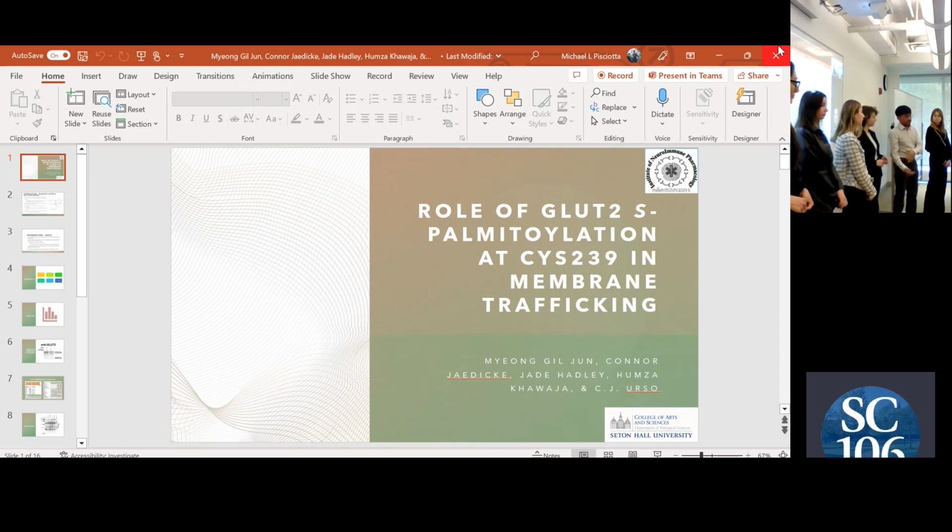For the Voges-Proskauer test, a similar visual effect is displayed, but instead of in response to mixed acids, it's in response to 2,3-butanediol and ethanol.